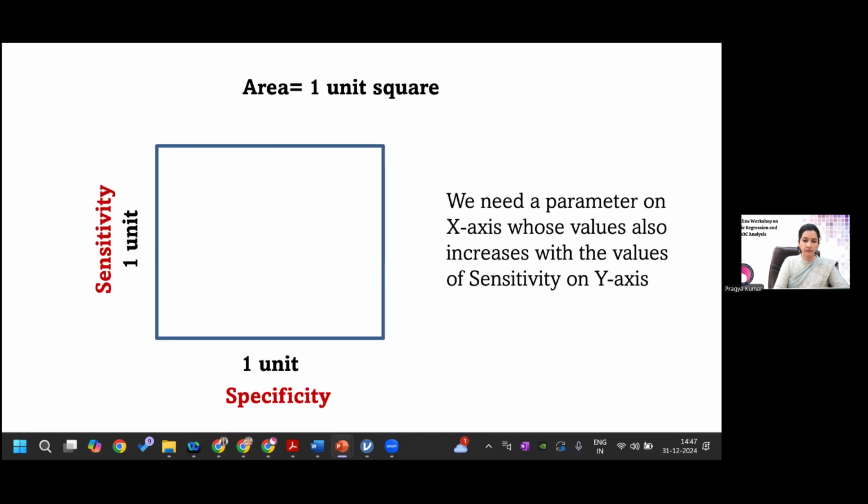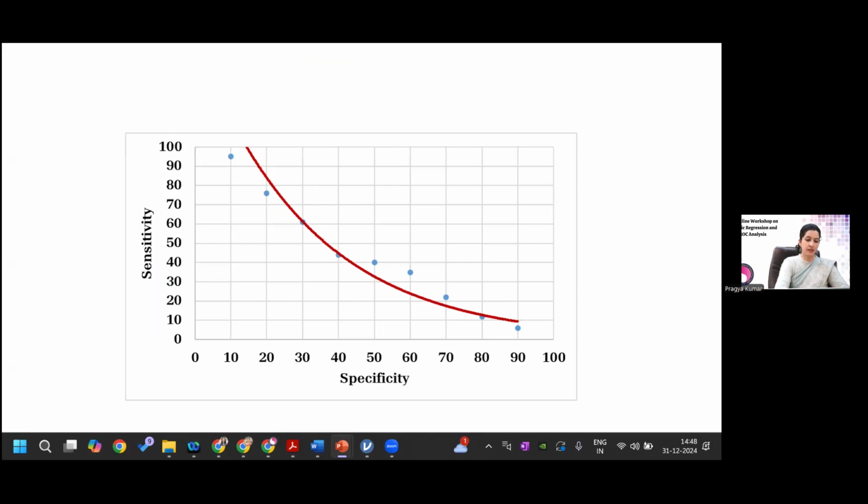But again, if you see the area of that ROC, if you take it as a 1 unit square, this sensitivity is 1 unit and this specificity is 1 unit. So we need a parameter on the x-axis whose value also increases, like sensitivity on the y-axis. Why? Because if your graph is something like this, with sensitivity and specificity, how will I calculate the area under the curve?